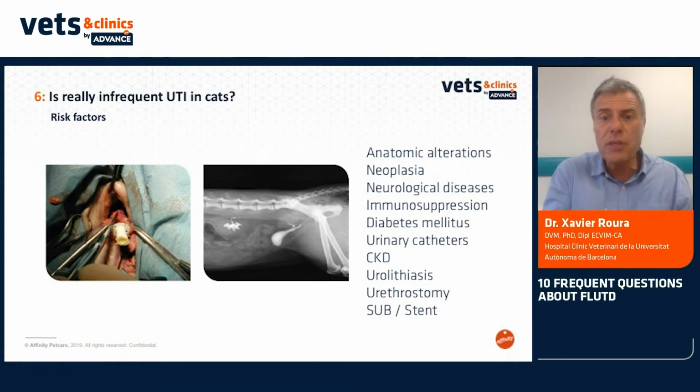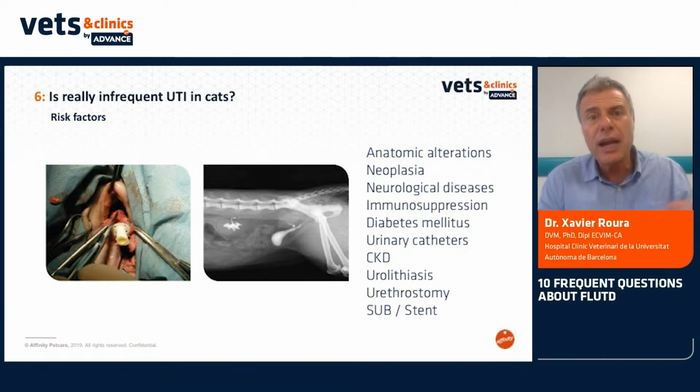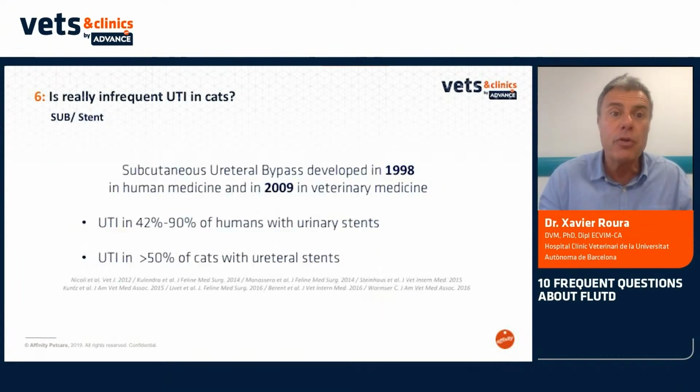Or the use, for example, of stents. In the last years, the use of subcutaneous bypass or stents to treat urinary tract diseases, to treat urolithiasis and other new situations, has increased. And these new treatments can produce an increase in urinary tract infections.